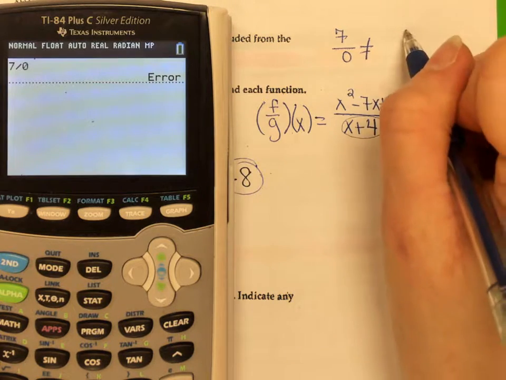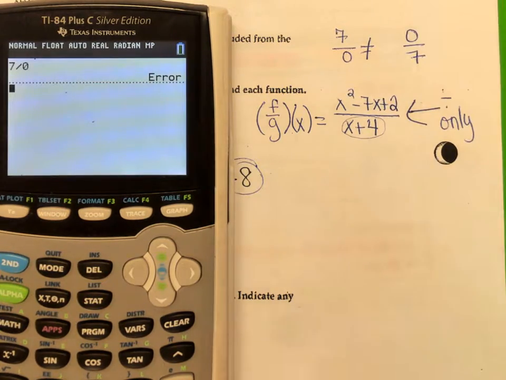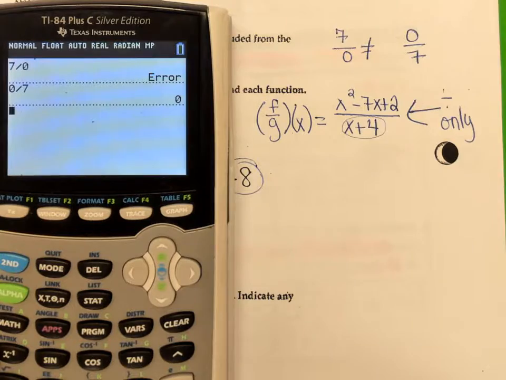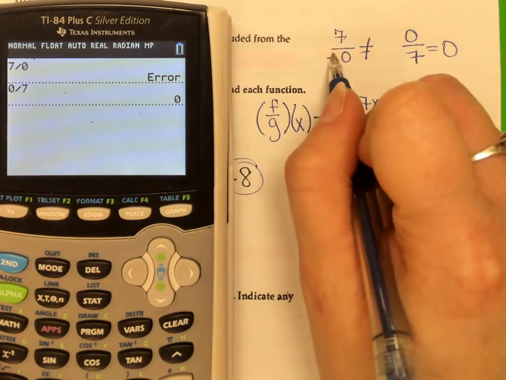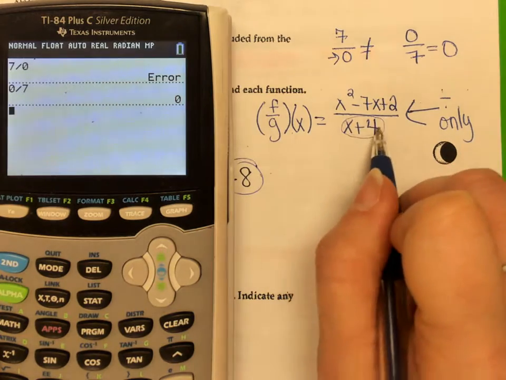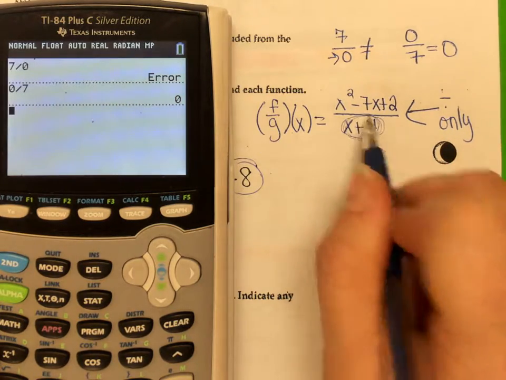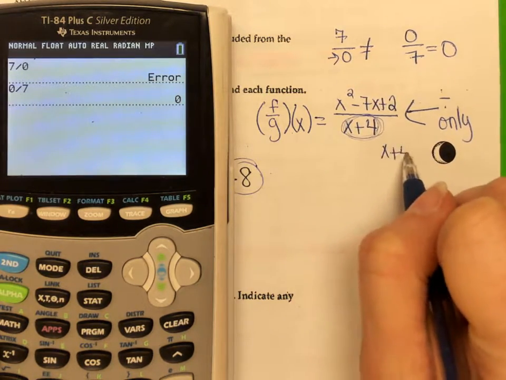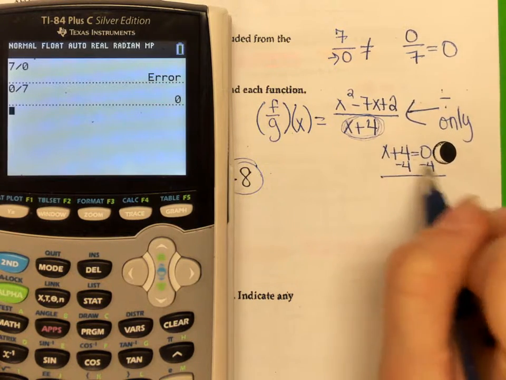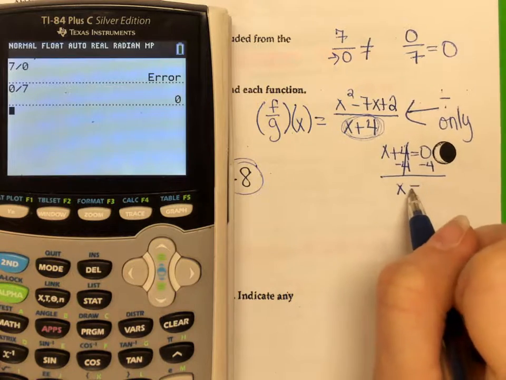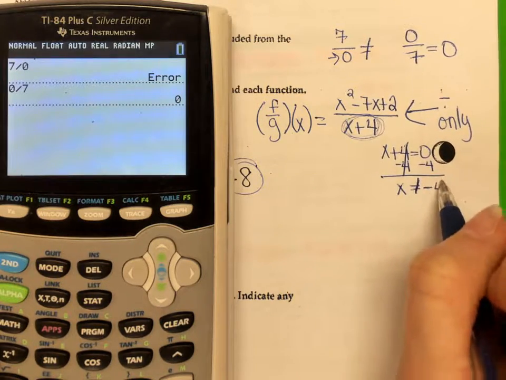Cannot have it. But if you put like 0 over 7, that one is the one that just equals 0, okay? So you can't have the 0 on the bottom. So let's figure out what makes this bottom equal to 0. Well, then I would subtract my 4, and x cannot equal negative 4.